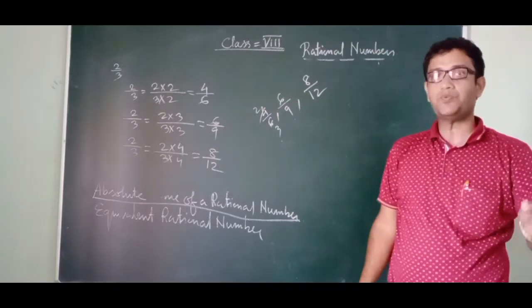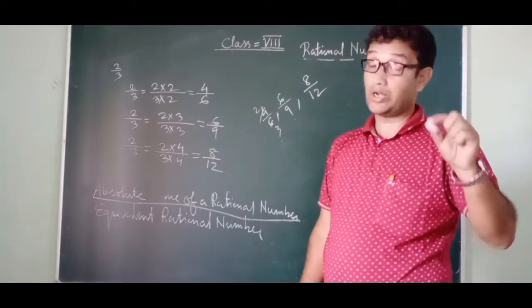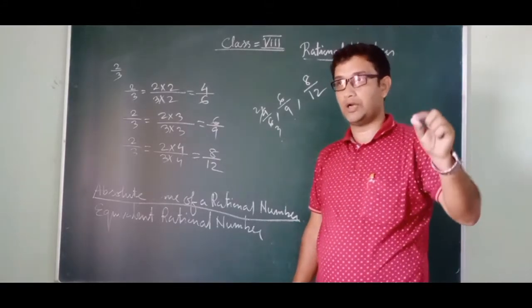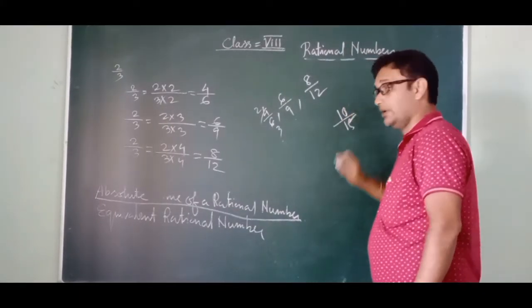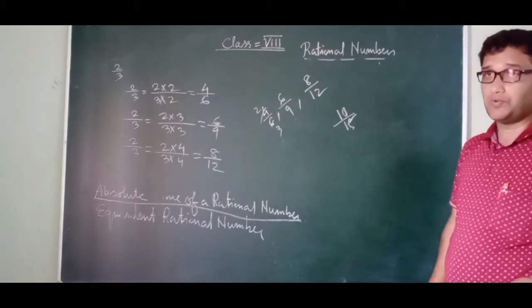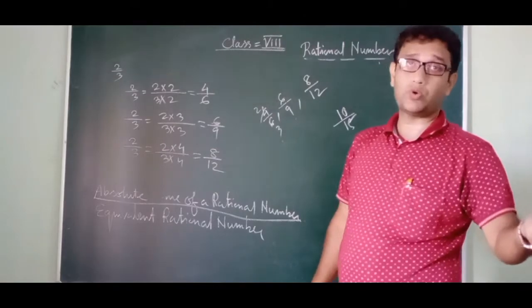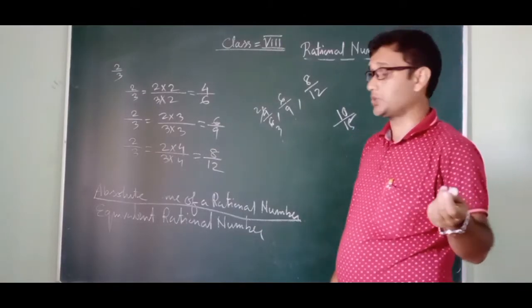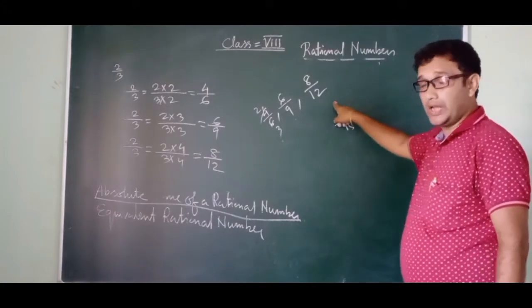But if your rational number is not given in standard form, for example, suppose 10 by 15 is given as one rational number, and you are going to find its 3 more equivalent rational numbers. So your question is given as 10 by 15.